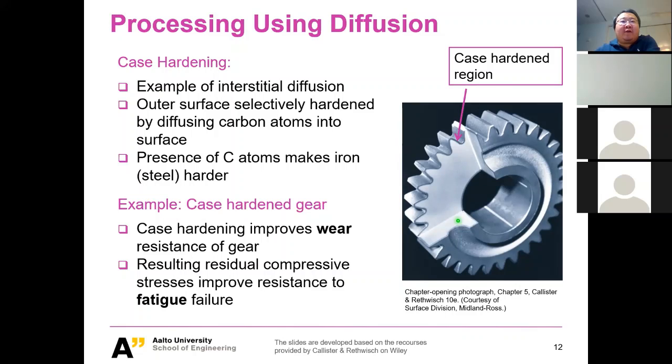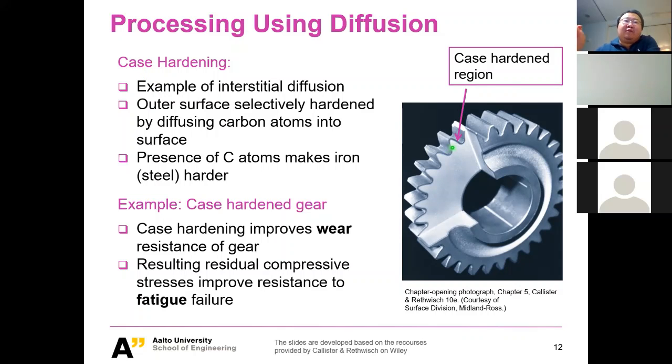This is a typical process applied especially to gears, which are used in engines or in the transmission in automotive cars. Yeah? And we want to have a very strong surface of the gears, right? And this is realized by so-called case hardening.